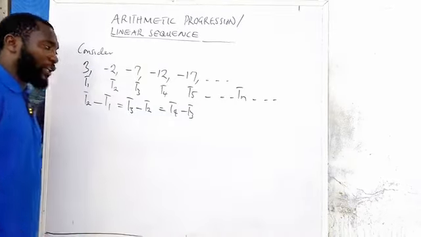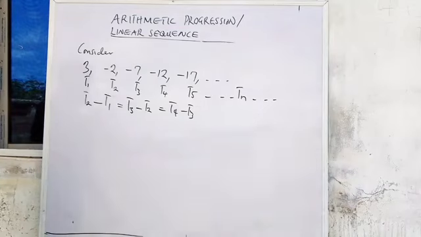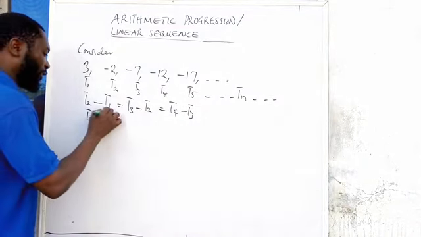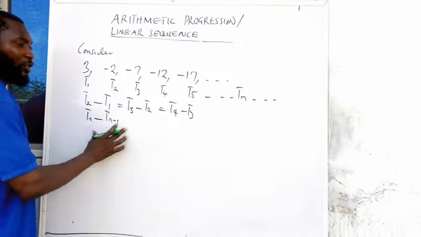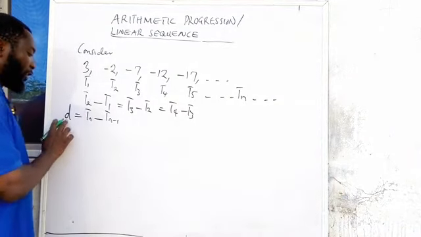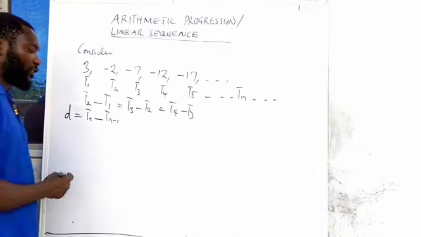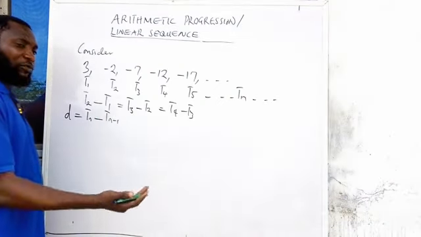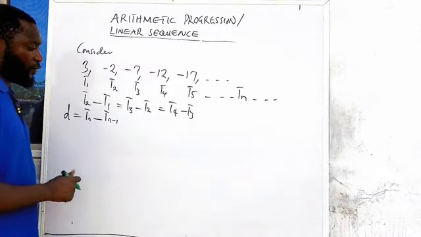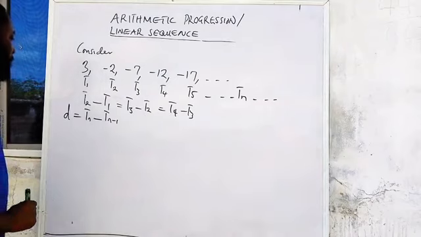So we can generate a formula for common difference, and that is Tn minus Tn-1. Our common difference is represented with the letter D, and this is the formula for common difference: second minus first, or third minus second, and that is how it follows.